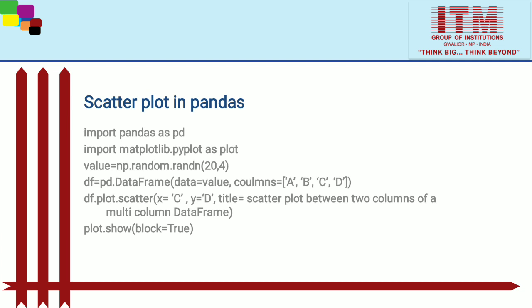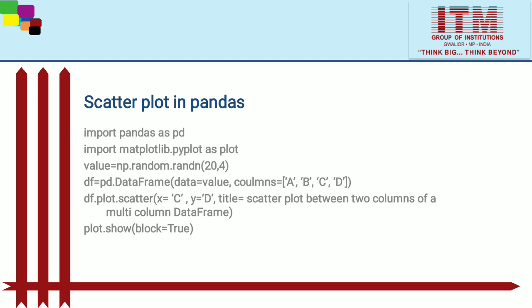Now here I have taken an example of the scatter plot. First of all, I imported the libraries. I import pandas as pd, where as stands for the alias, and pd is the alias that we are taking for pandas. We have another library, matplotlib.pyplot.